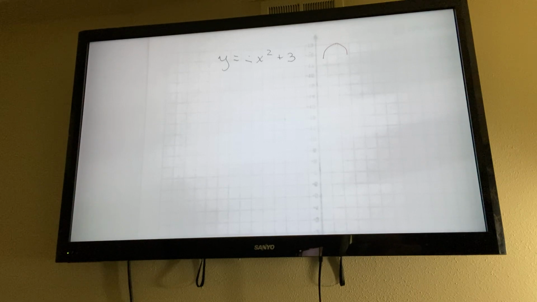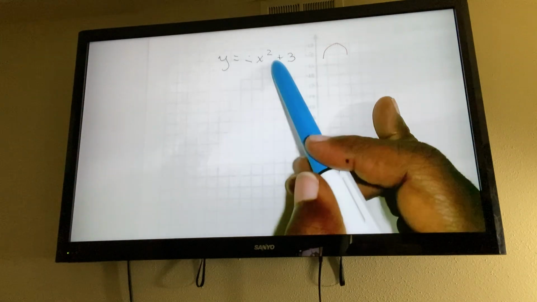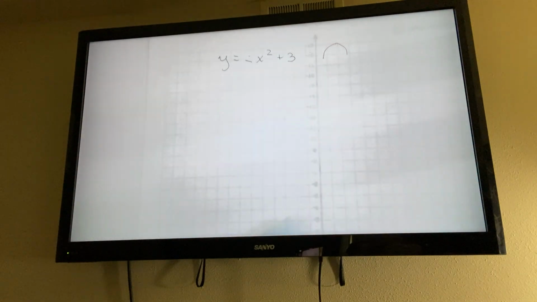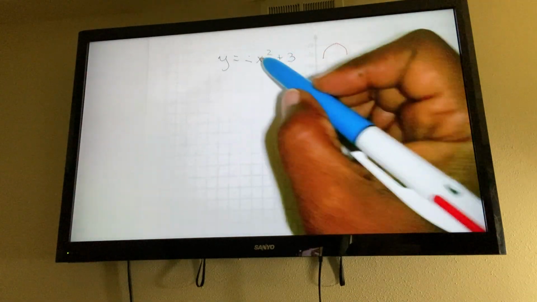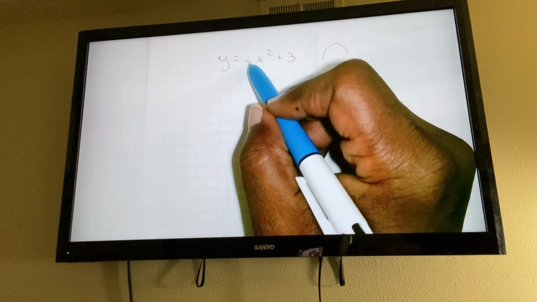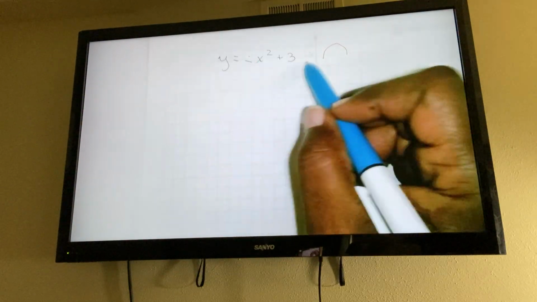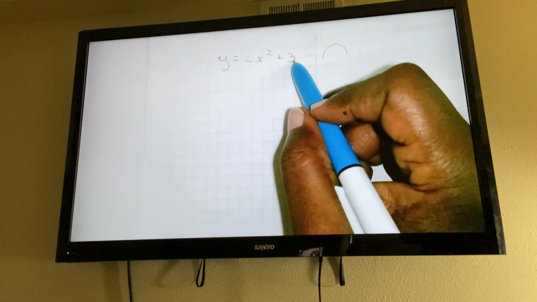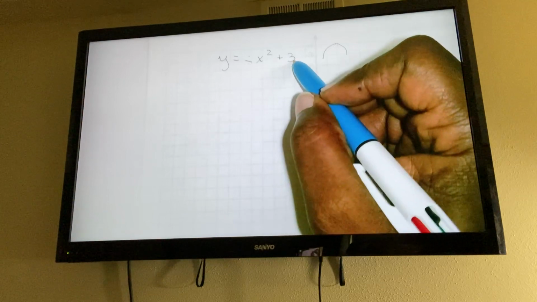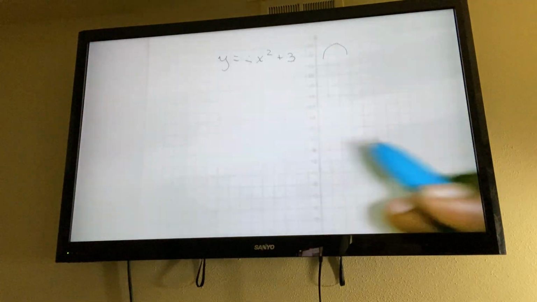We don't have a b term, so that tells us our graph is still going to be centered on the y-axis. This is the easy one. This is simply the graph of x squared flipped and up 3.